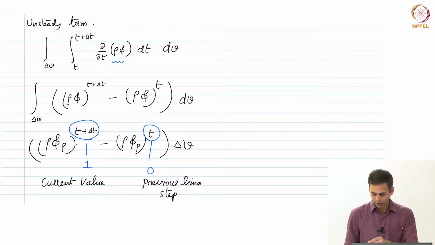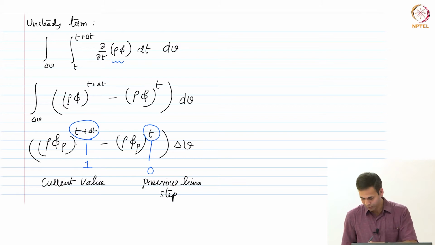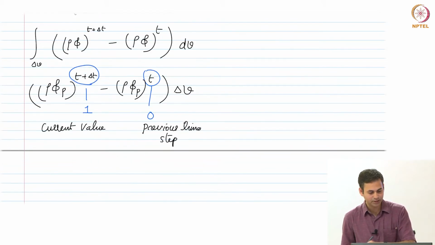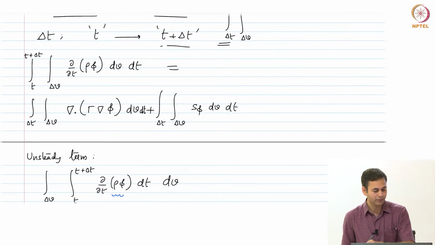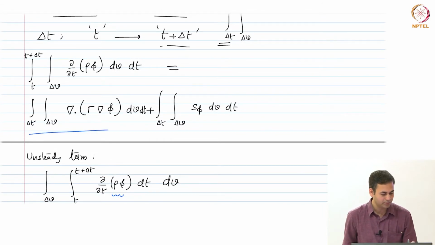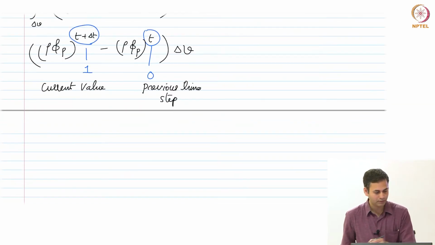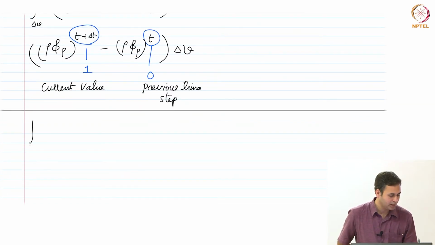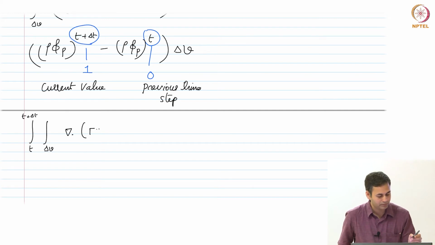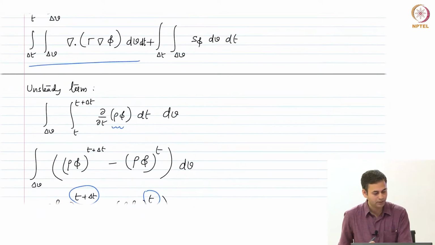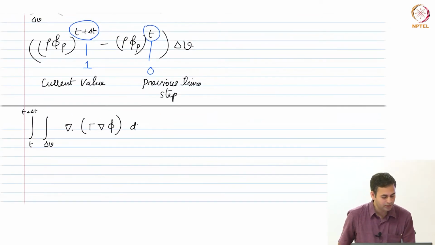Then let us move on to the next term. What was the next term? Diffusion, that is this term. If I write it down, it is integral t to t plus delta t, integral over the control volume, del dot gamma grad phi dV dt.